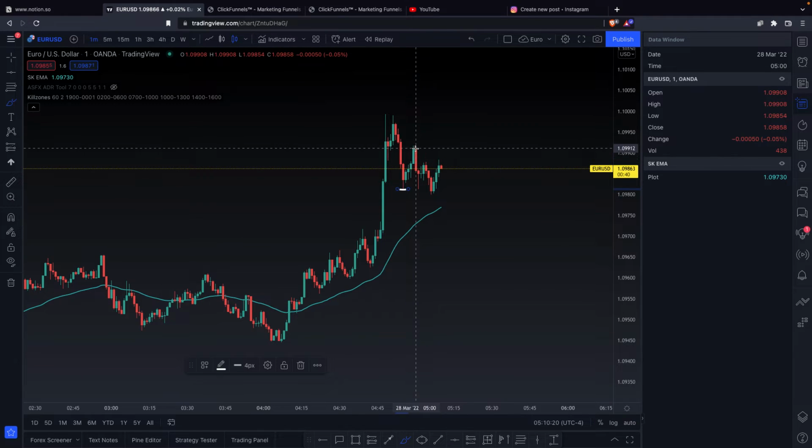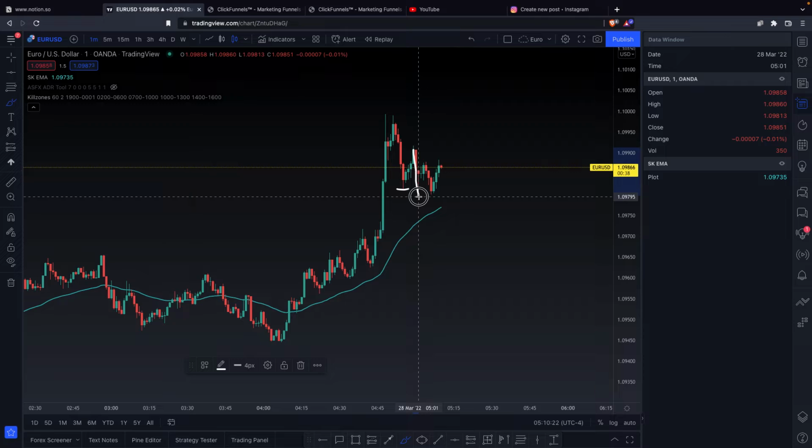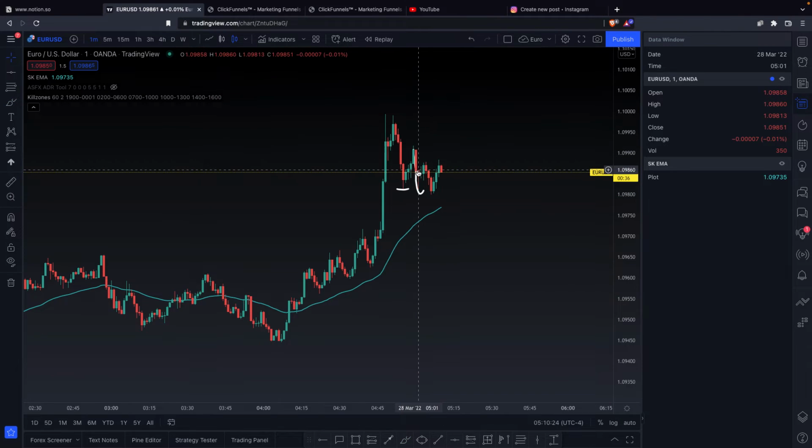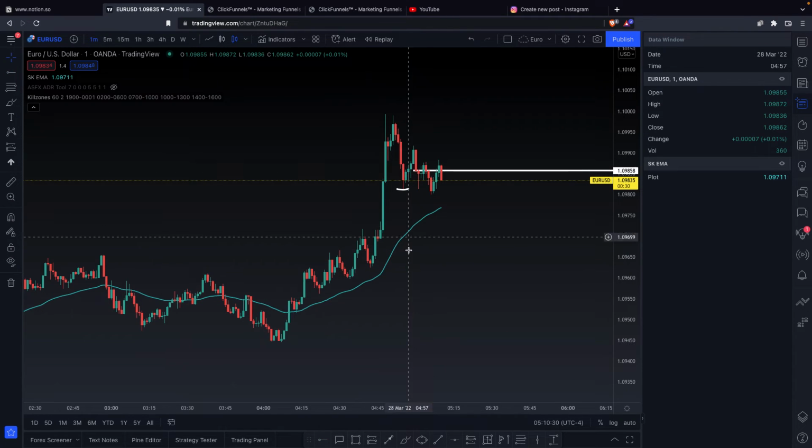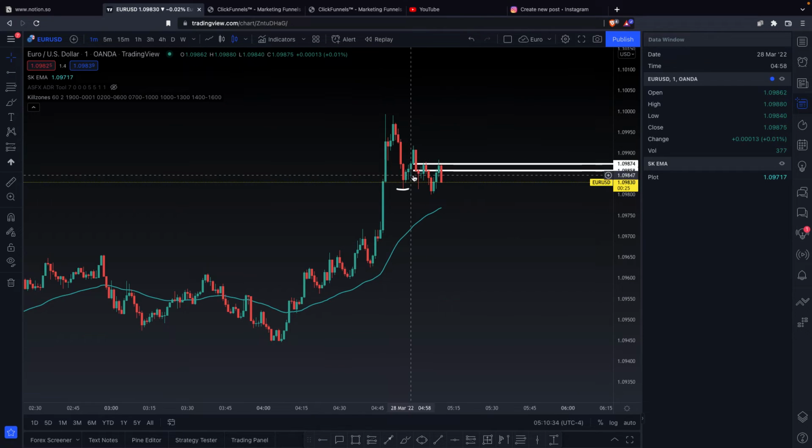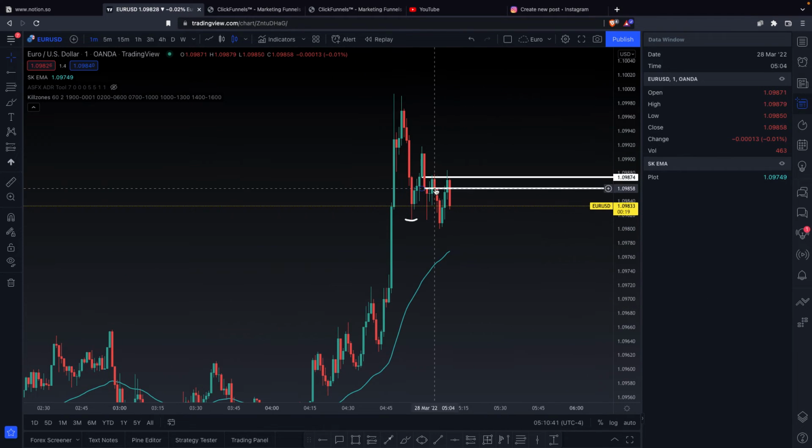Essentially what I'd be looking for is a breakdown like so, right? And with this breakdown, what we also had was the establishment of this gap, right? I would look for us to pull back into it like we have, form another low, and break that low, right? So we pull back into it here, form this low here, we break that low, right?